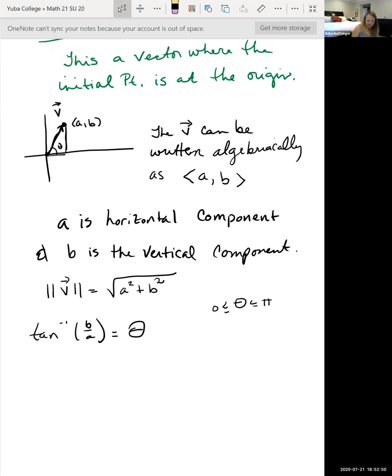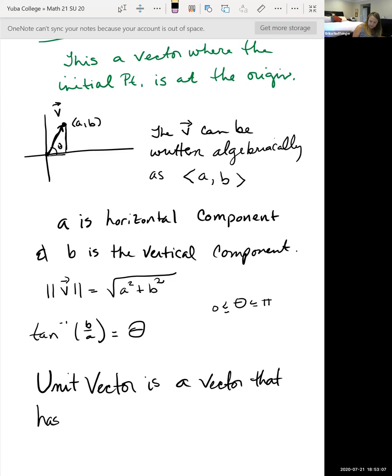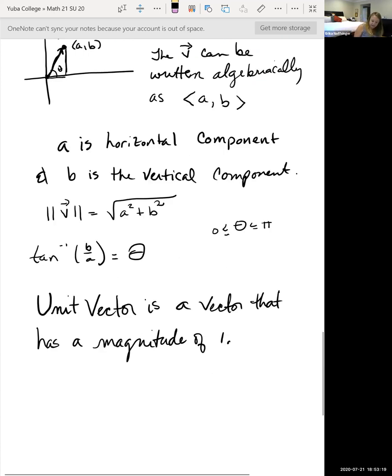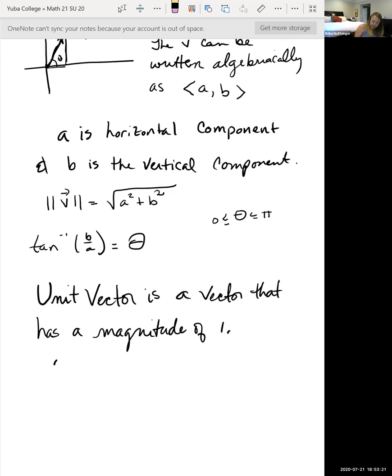The unit vector is a vector that has magnitude of 1. And so let's say that vector u is a unit vector.